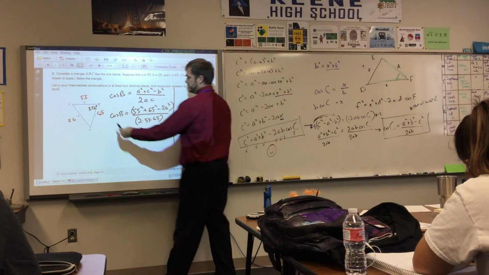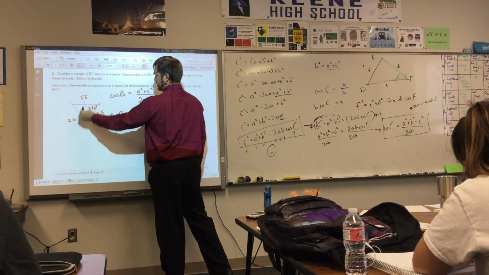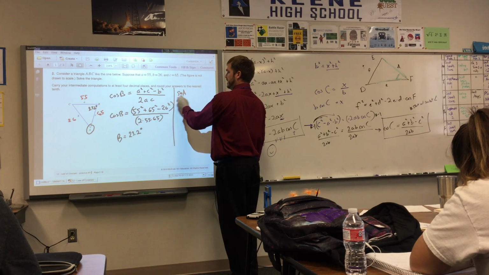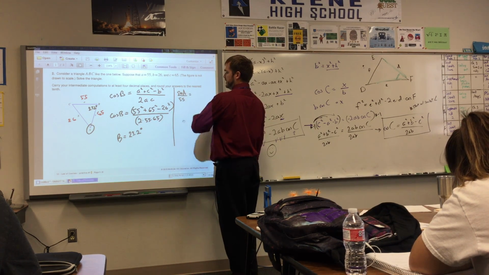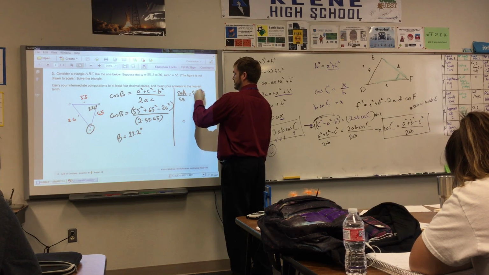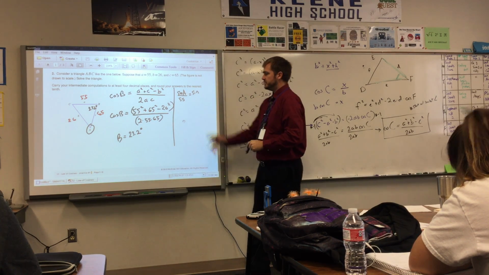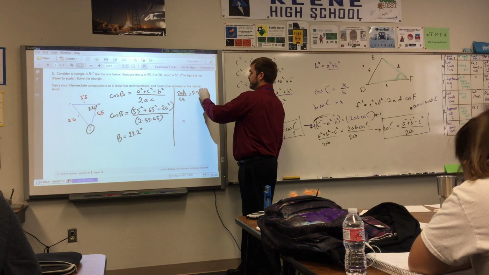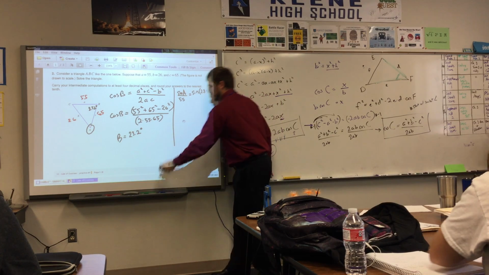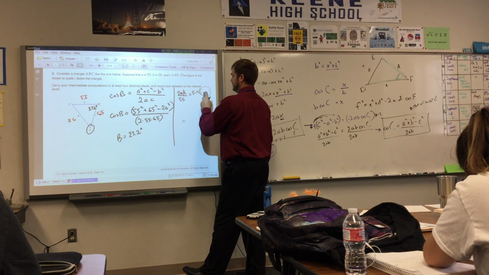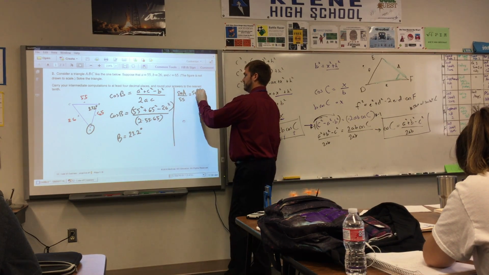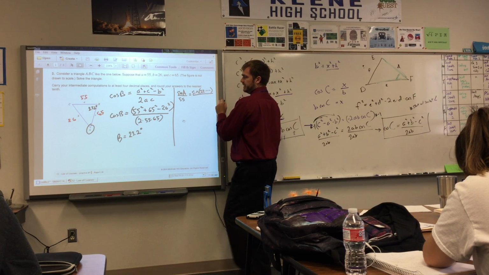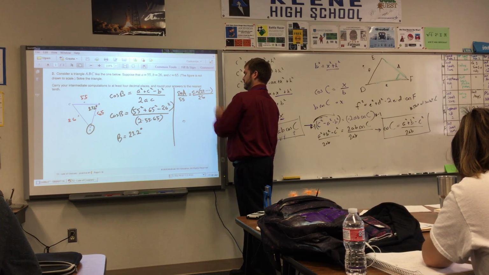So I'm going to pick the small side just because that's sort of a good procedure here. So I'll say sine A over 55 equals sine of the 23 point blah blah blah, use full precision here, divided by 26.